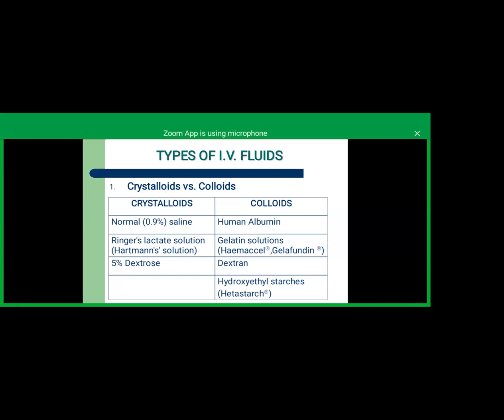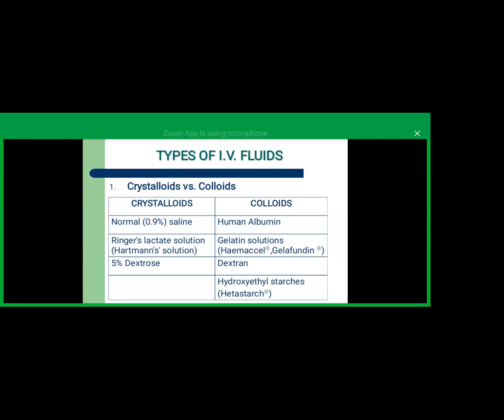They're more of water with electrolytes: water with sodium, potassium, magnesium, bicarbonate. That's what a crystalloid is. But a colloid is a thick fluid with a lot of proteins or carbohydrate molecules. So that's the difference between colloid and crystalloid.